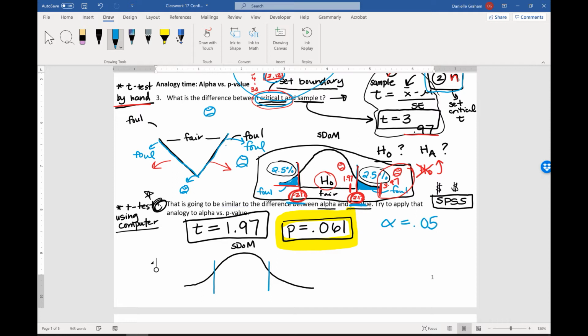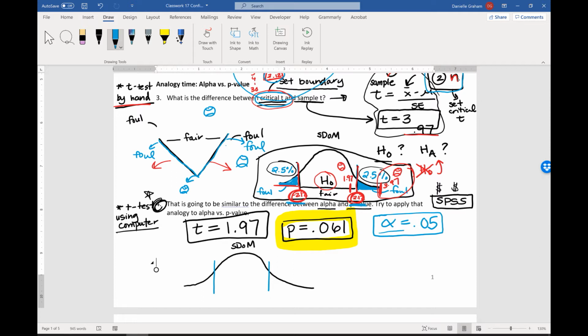And a lot of the time, these computer systems like JASP are set to use this alpha equals 0.05 by default. So we don't even necessarily have to put that in. It's assuming you're using 0.05, right? And if you're not, you've got to tell me otherwise so I can make adjustments.